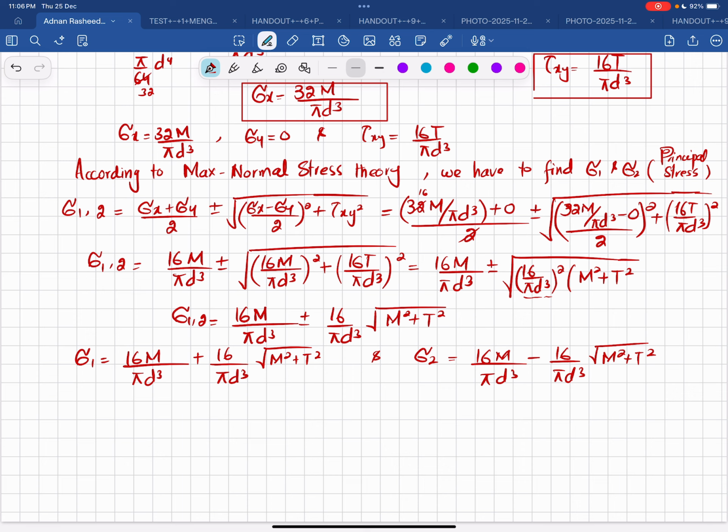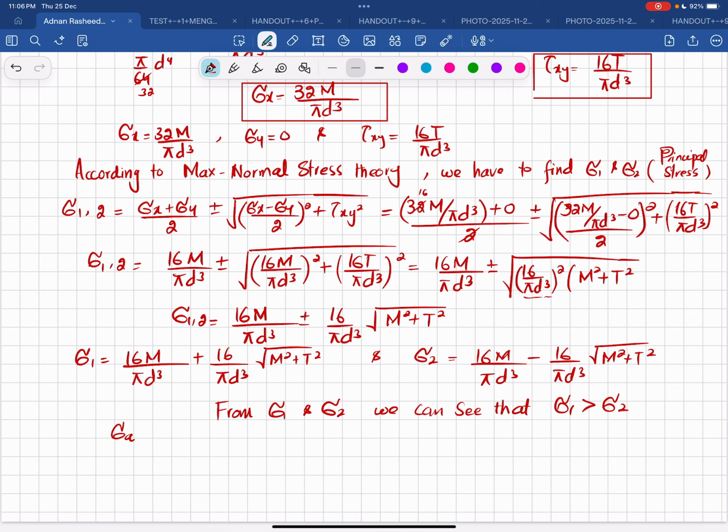And from sigma 1 and sigma 2 we can see that sigma 1 is greater than sigma 2.